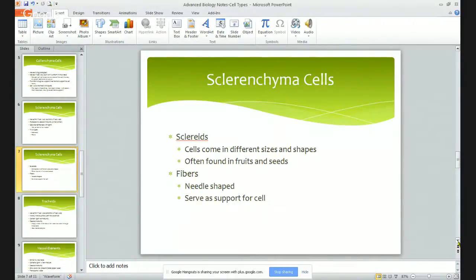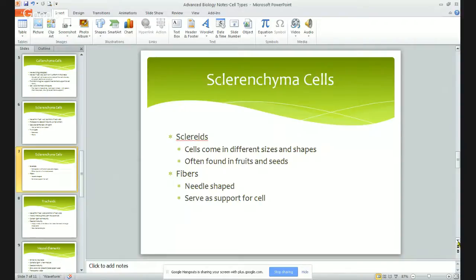The second type of sclerenchyma cell or tissue is going to be a fiber. Just like with your sclereid, they're going to have a thin primary cell wall and a thick secondary cell wall. But instead of having the primary cell wall interweaving throughout, it's just located on the edges. I've drawn it long or needle shaped, and then I've drawn that cross section of it.